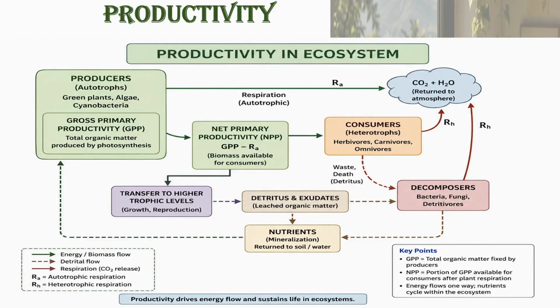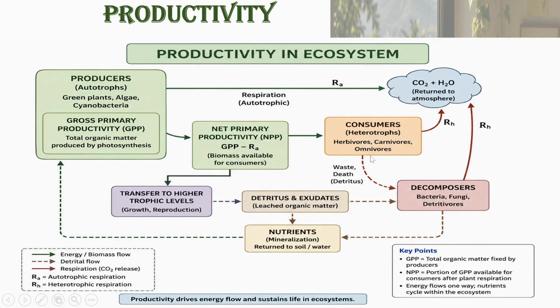And again, the biomass that was in the consumer will not be retained as it is. Again, some amount of loss will be there due to respiration. RH represents the respiration of heterotrophs, and during respiration, some amount of carbon dioxide and water will be released. So the biomass will be reduced.